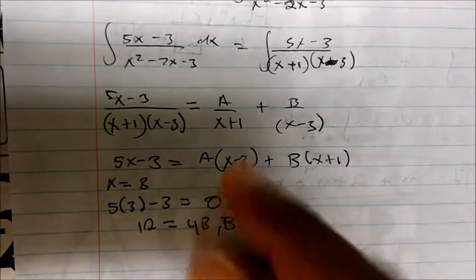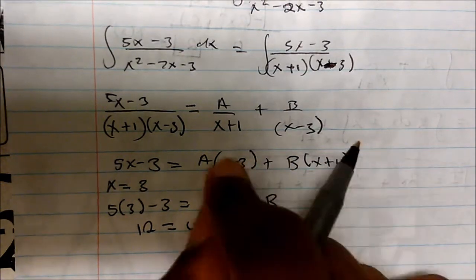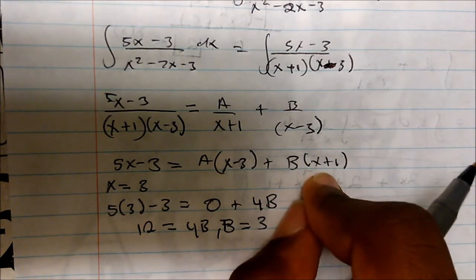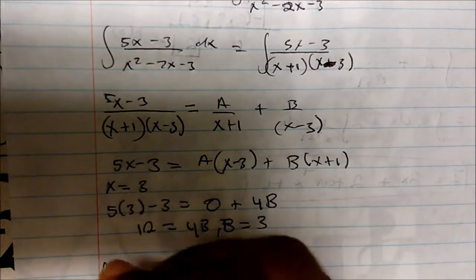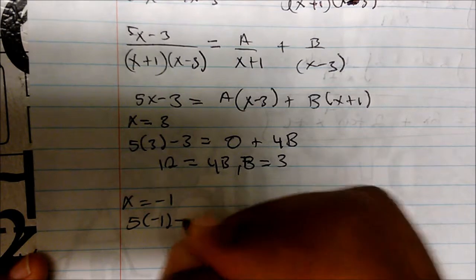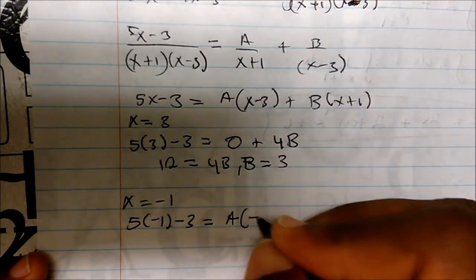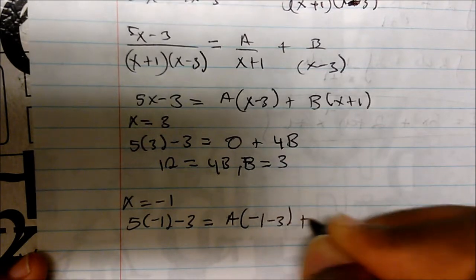And so what could we set x equal to, to solve for a? Well, it looks to me as if I set x equal to negative 1. So if x is equal to negative 1, then this becomes 5 times negative 1 minus 3, and that is equal to a times negative 1 minus 3 plus 0.